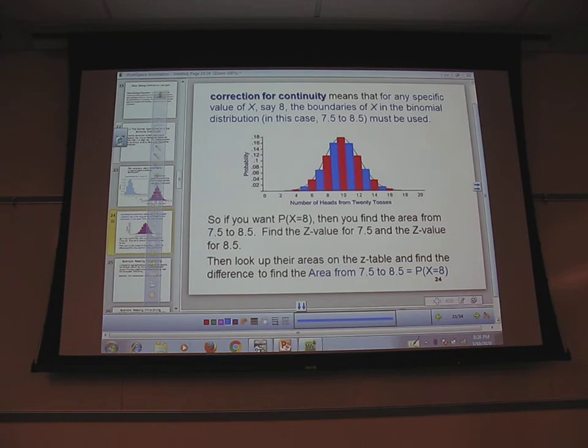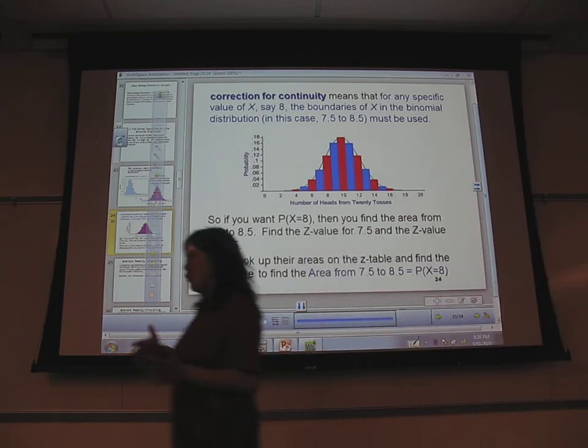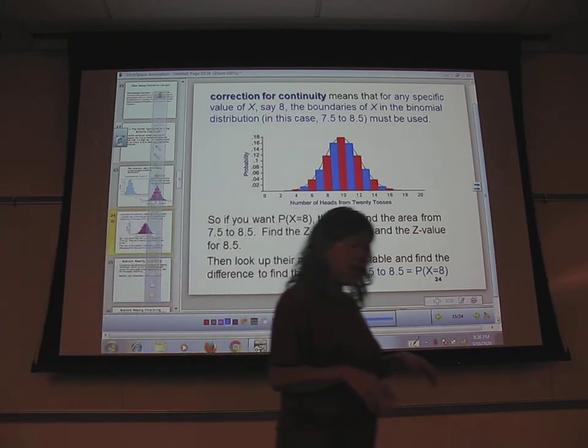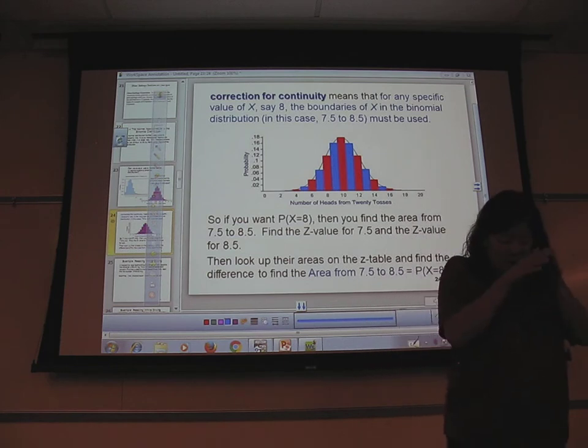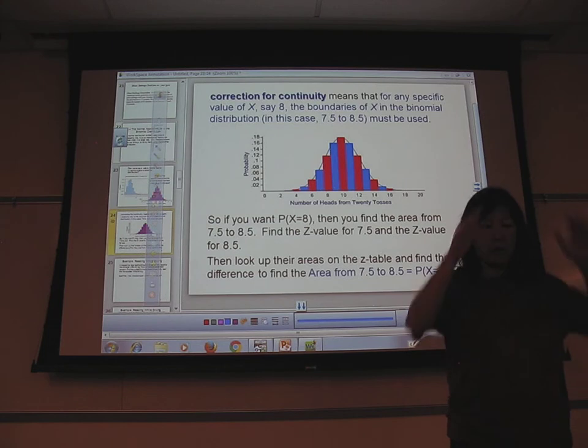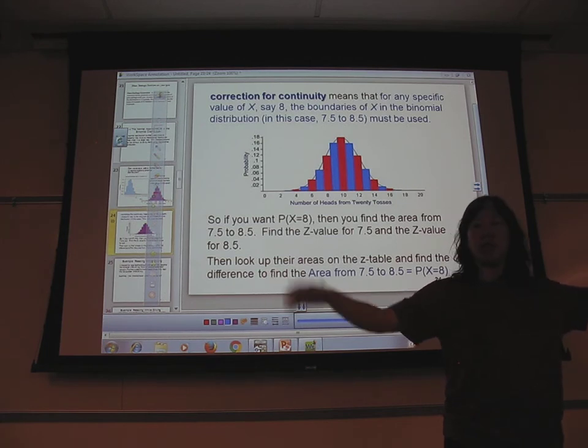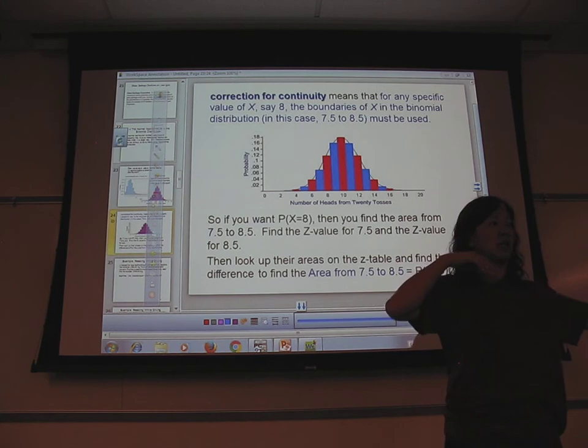So here's the deal. We're taking something that's discrete and we're forcing it to be continuous. So we have to change it into continuous verbiage, which means that if I have 8 successes, here I'm 8. What's the number to my left? 7. What's the number to my right? 9. So there's 7 successes, 8 successes, 9 successes.